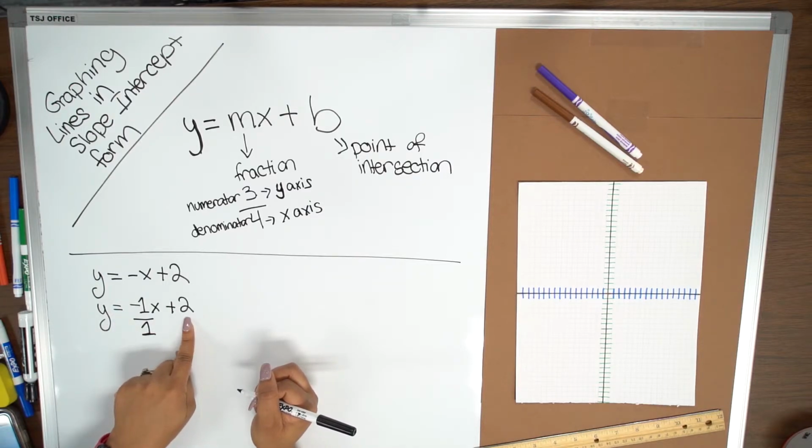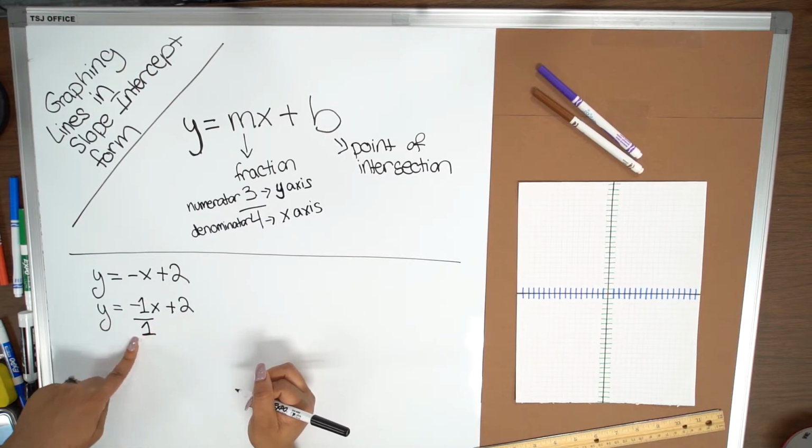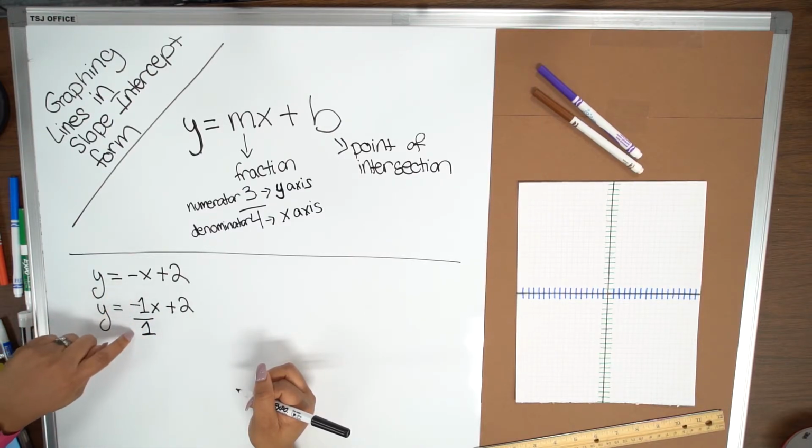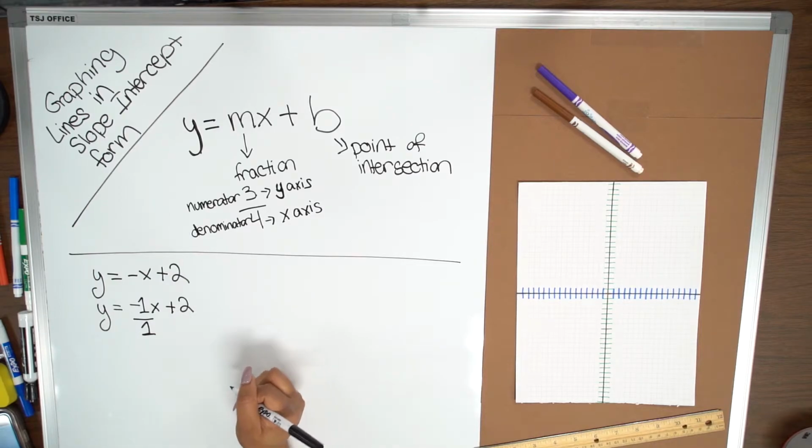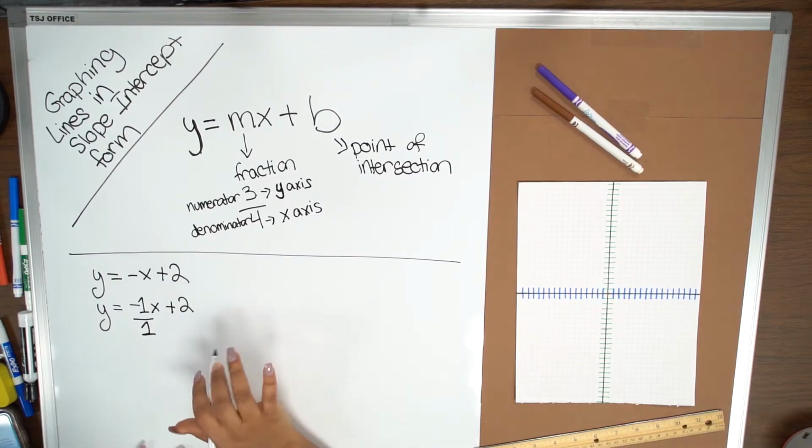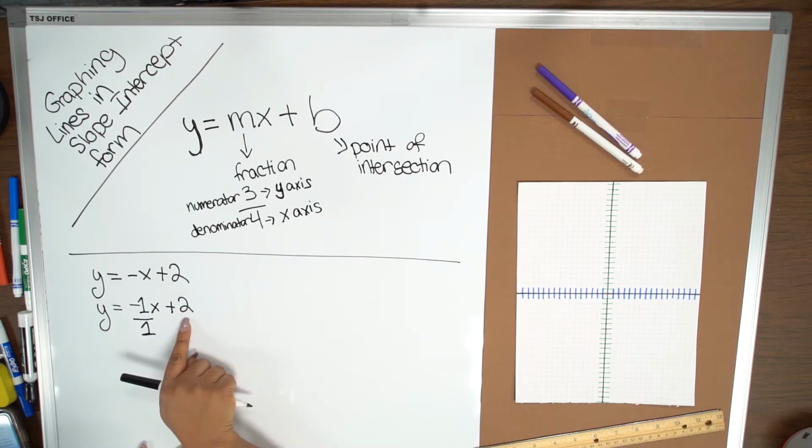Okay? So we have our number, where's the point of intersection, our starting point. We have our numerator and our denominator that shows us the Y-axis and the X-axis. Okay? So let's graph this. So we have 2. So this 2 is for the Y-axis.